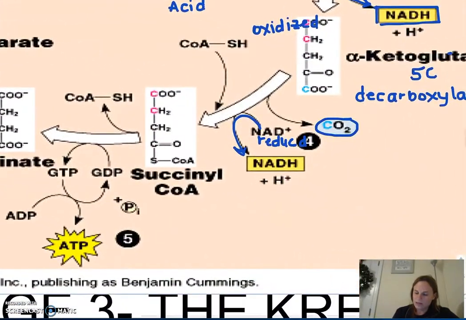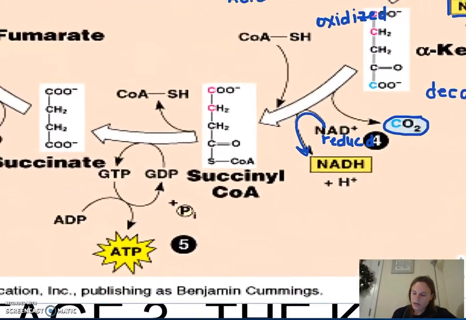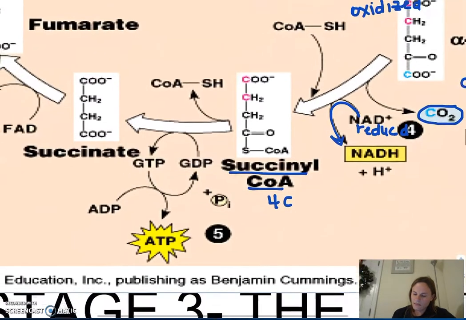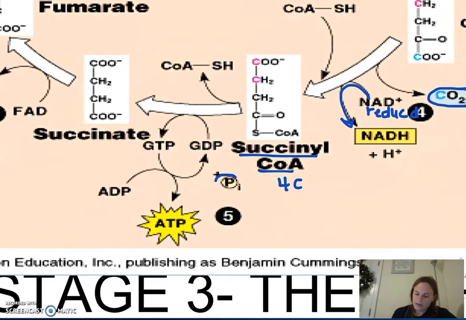Back down to our citric acid cycle. We are now at our first 4-carbon compound, succinyl-CoA. From succinyl-CoA, you're going to experience substrate level phosphorylation, and we are going to get 1 ATP.